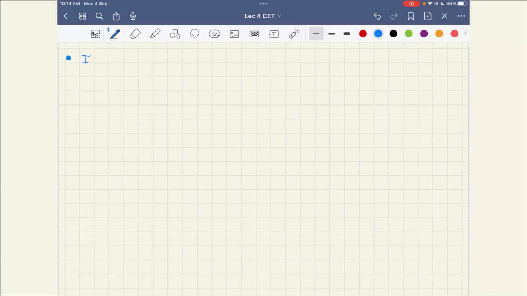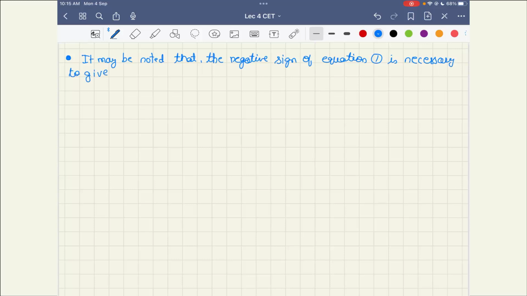But it may be noted that the negative sign of equation 1 is necessary to give the conventional sign for W, right.